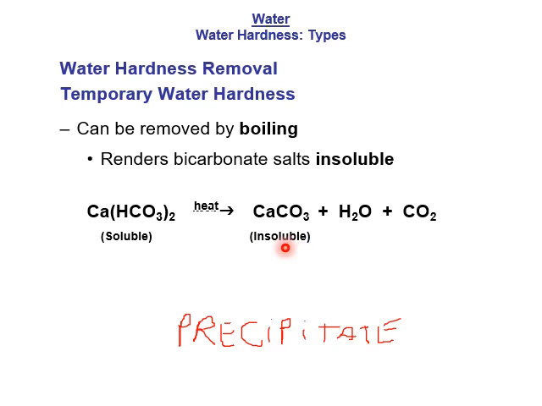And oftentimes when it becomes insoluble, it solidifies, and so it falls out of the solution. That's precipitation. So boiling this temporary hard water will make this soluble calcium bicarbonate turn into insoluble calcium carbonate. You'll also get water and CO2 out of that.